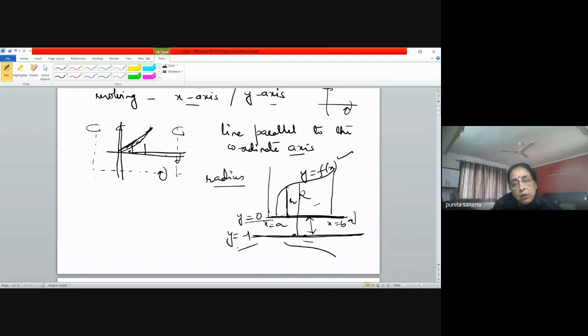But when you are revolving about the line y equal to 1, whatever x was here, 1 unit has to be added to it, so that this becomes your new axis of revolution and you can measure your radii from this point. So your x has to get changed to x plus 1.